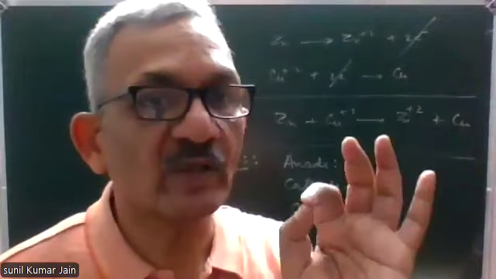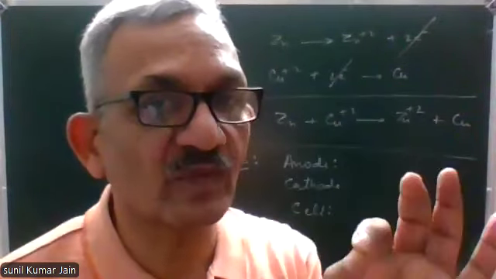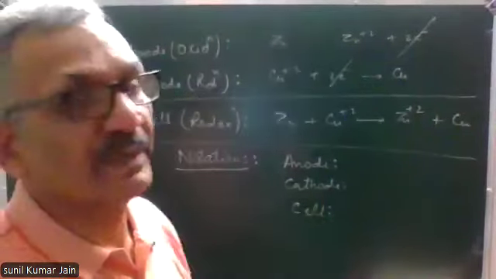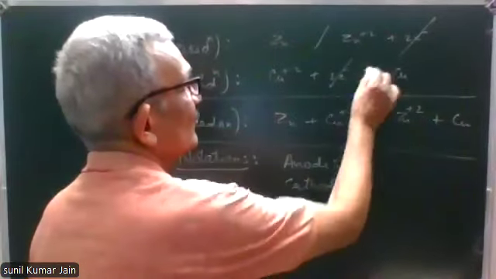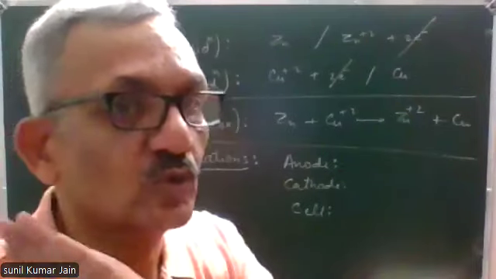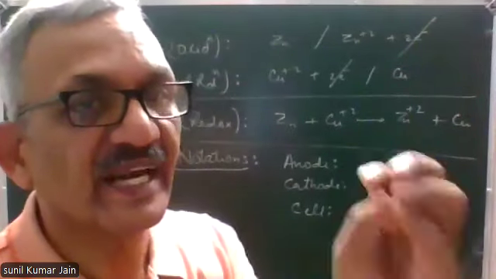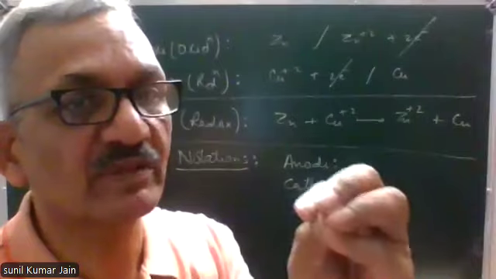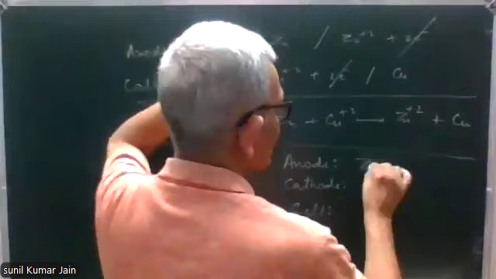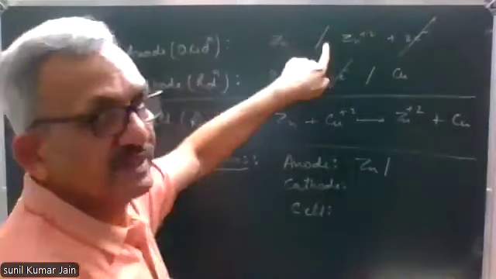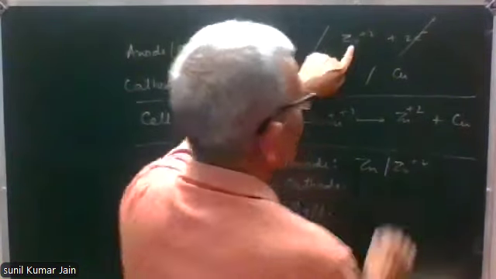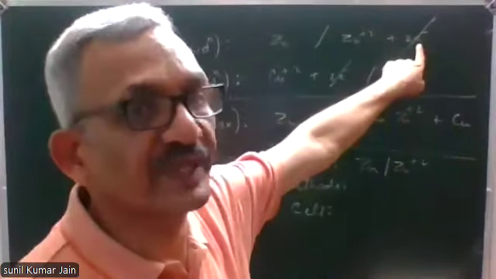At cathode and anode, whatever is the reaction involved, look here at the board. Replace arrow by a slash and do not write electrons. That will be the notation of that particular electrode. So anode will be zinc, arrow replaced by slash, zinc ions, electrons are not to be written.